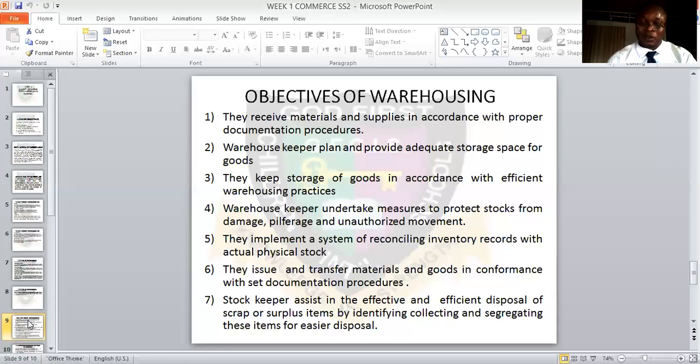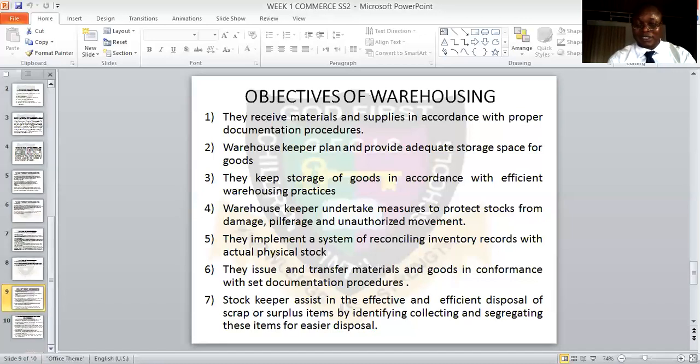So they need to reconcile inventory goods, that is stock, to ensure that both are equal. So they can issue goods out, and they can also transfer materials into the warehouse. They use the proper documentation procedure for this.